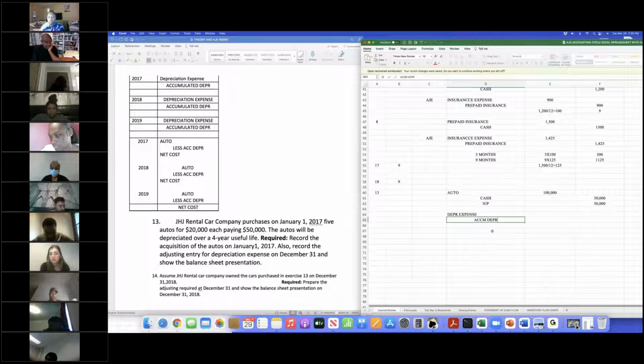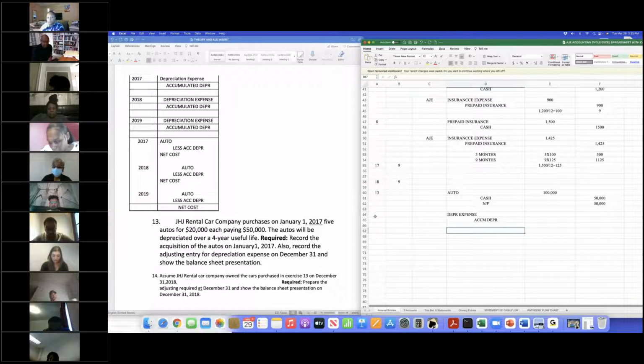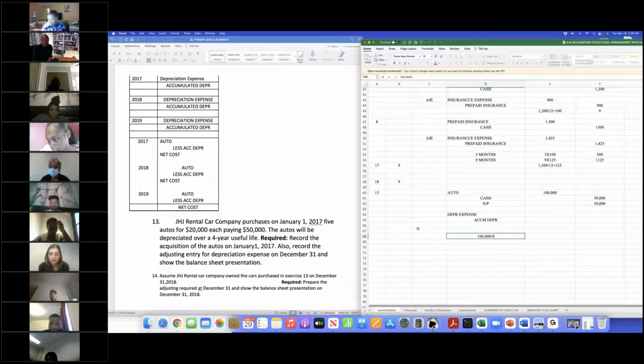The autos are 100,000. Got a 4-year life, so all we're going to do is divide it by 4 years. So how much are we writing off each year? 25,000. So our depreciation expense is 25,000.